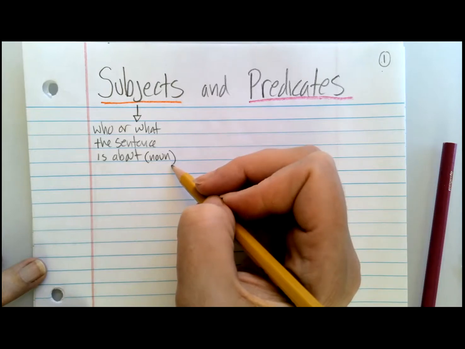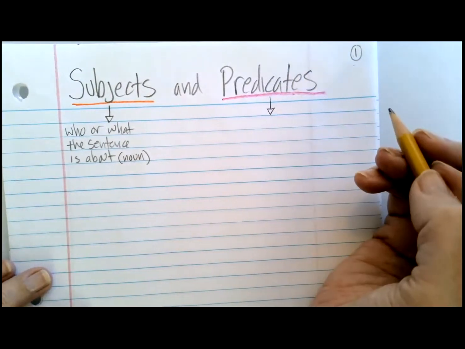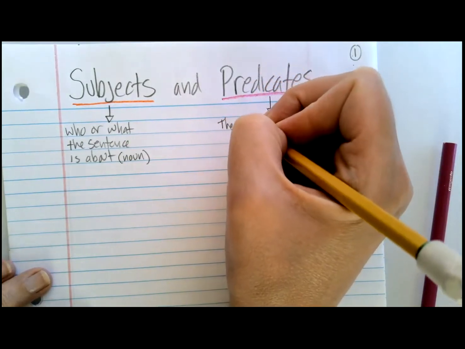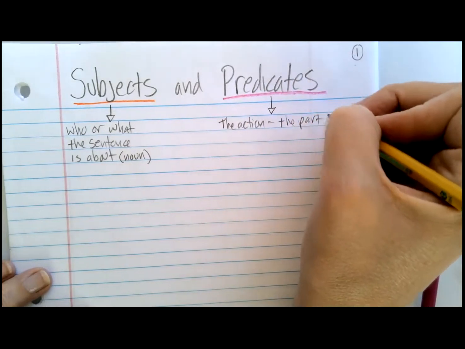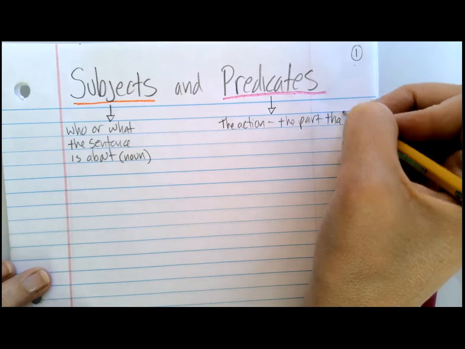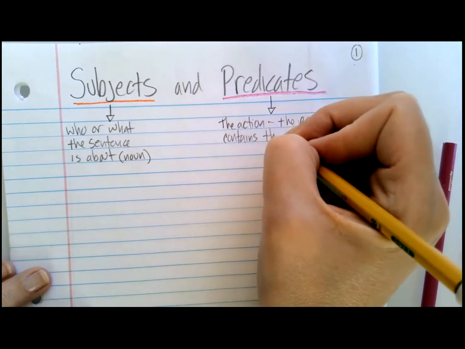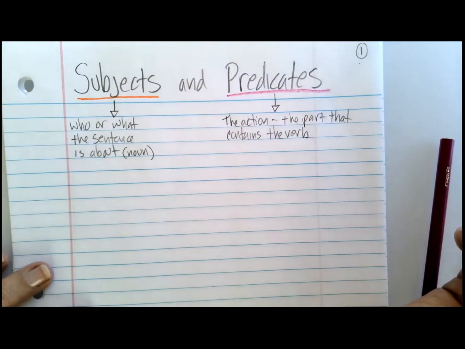Now let's talk about what a predicate is. So a predicate, we can call this the action. So we're going to write the action, the part that contains the verb. And as you know, the verb is the action word, okay?